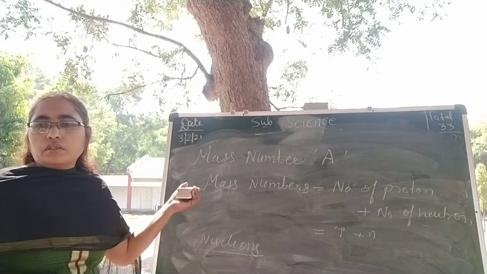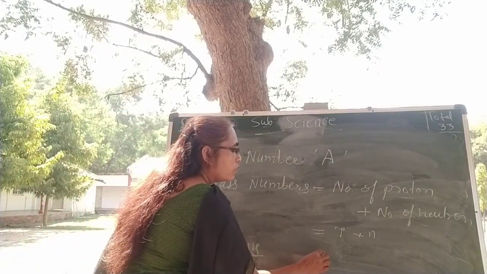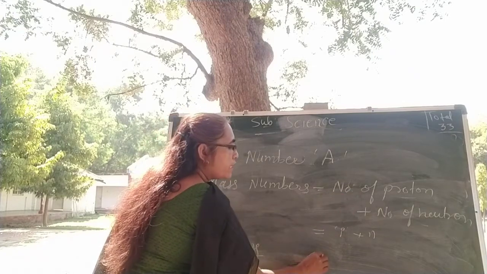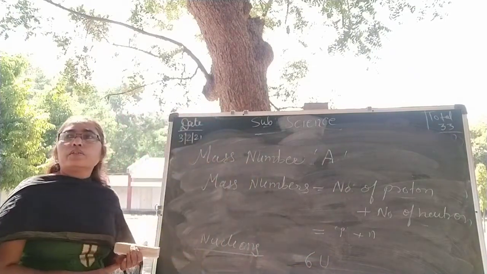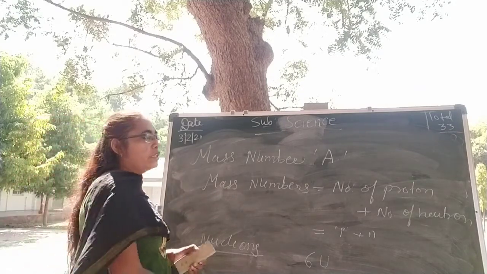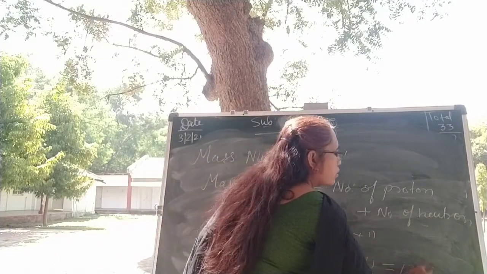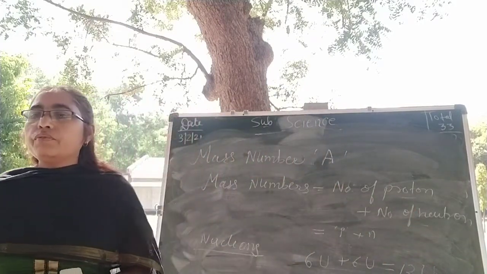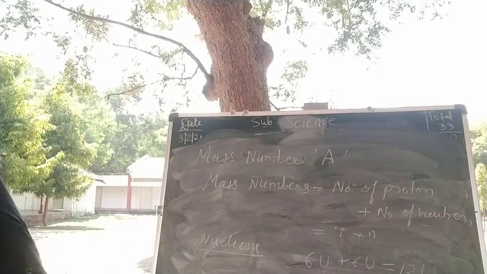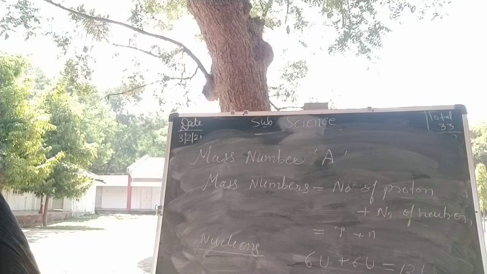When we see that carbon has 6 protons, it means it has 6 unified mass, and the neutrons also have 6 unified mass. So together, what is the mass? 12 unified mass. So the mass number is defined as the sum of the total number of protons and the total number of neutrons present in the nucleus.